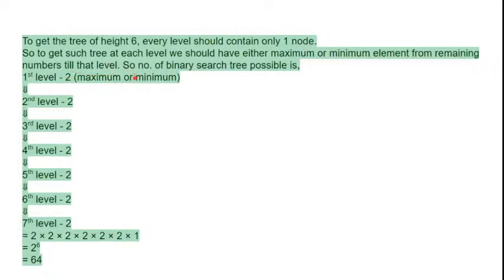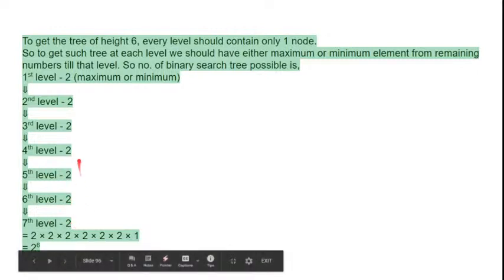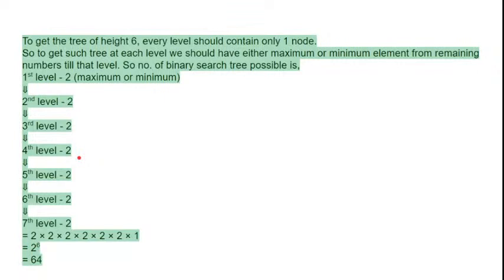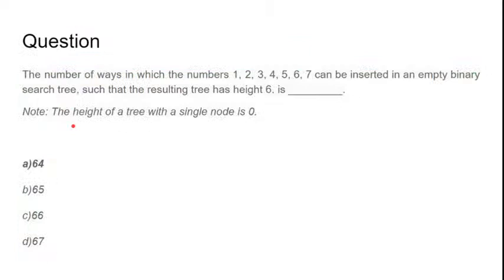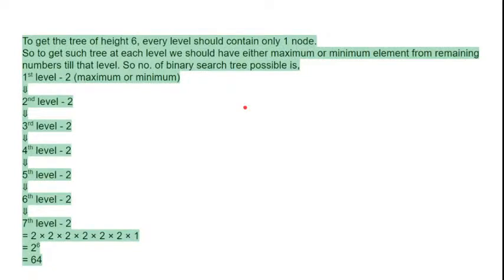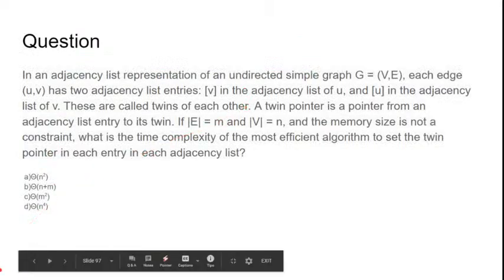So for each level there are 2 choices, so total 2 raised to 6, that is 64. The height of the tree with a single node is 0, so 2 raised to 6, that is 64.